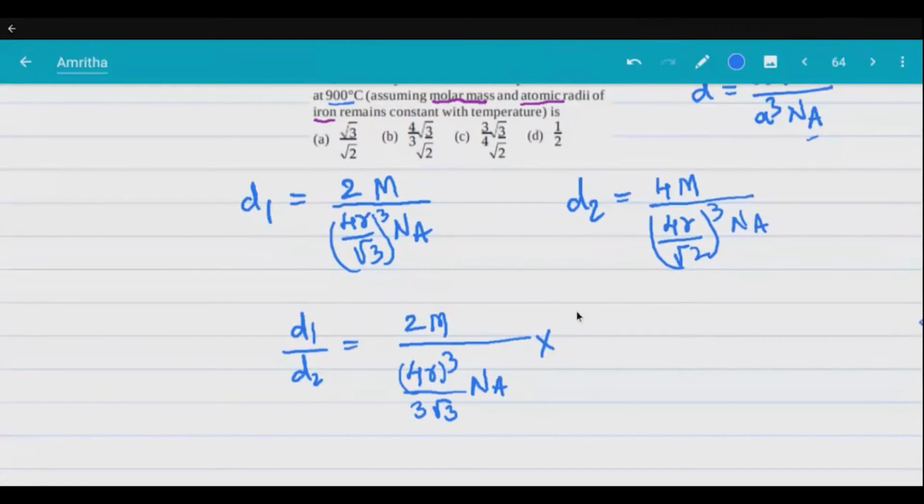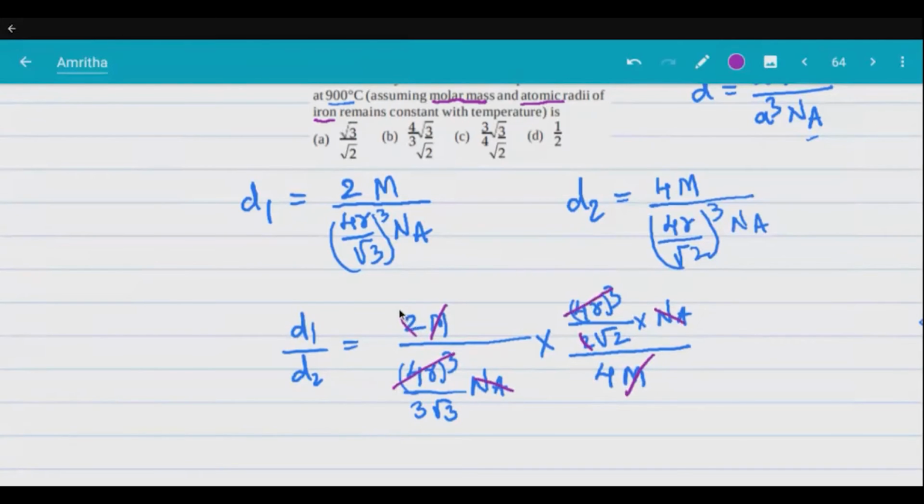So what I'll write is, this is 4R whole cube by 2 root 2, into Na. So by 4M, right? This way. R is constant, we said. Yes, this is getting cancelled. Na gets cancelled, 2 cancels, 4R cube gets cancelled.